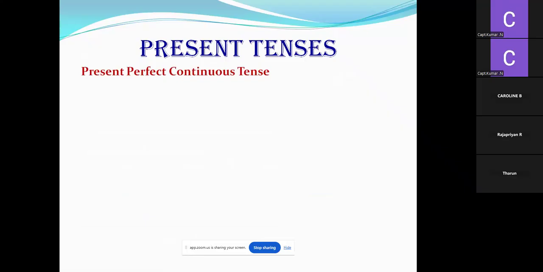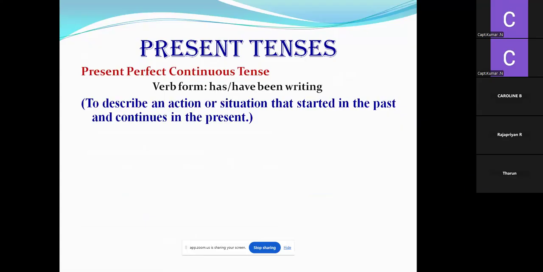Present perfect continuous tense. The verb form is has been writing or have been writing. When do we use present perfect continuous tense? It is used to express an action or situation that started in the past but continued in the present. The work started in the past, but it did not get over, it still continues.